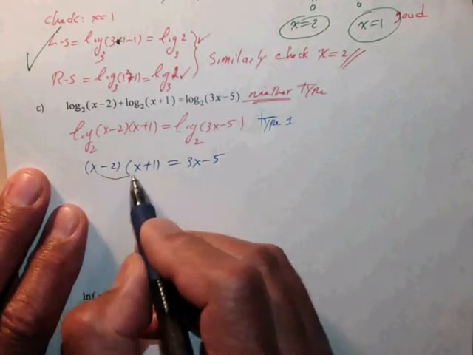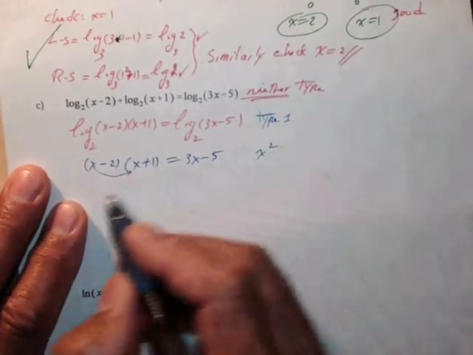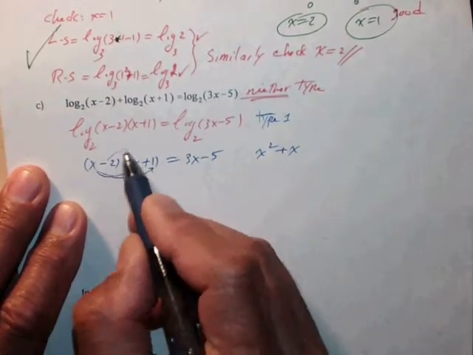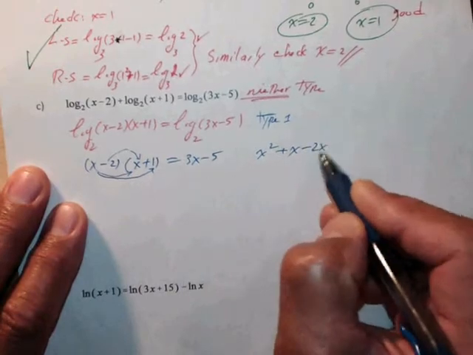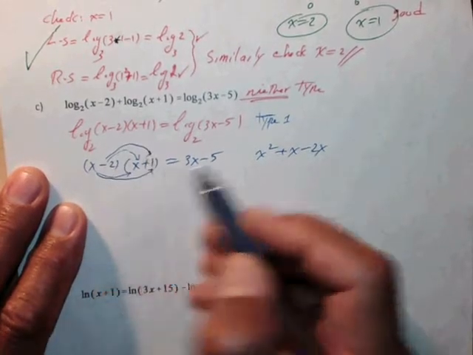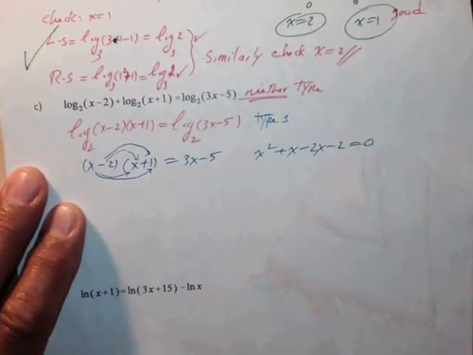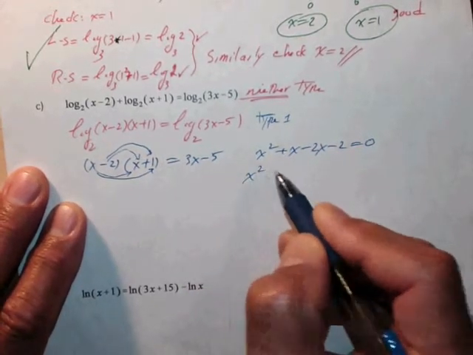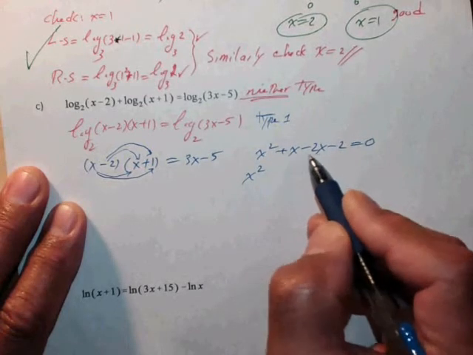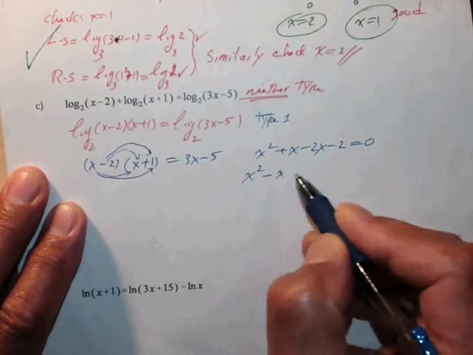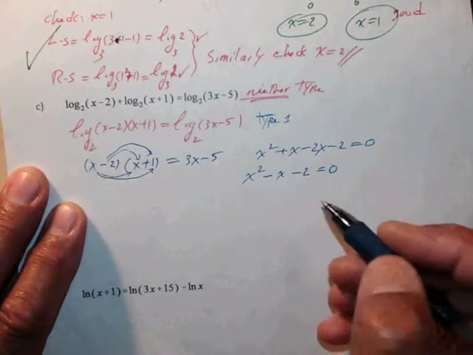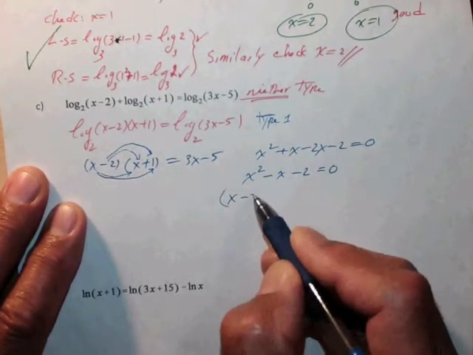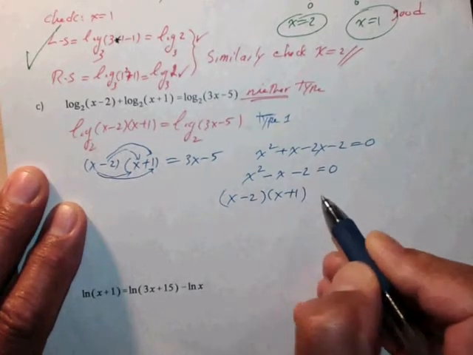You see, x times x is x squared, x times 1 is x, minus 2 times x is minus 2x, minus 2 times 1 is minus 2 equal to 0. I multiplied it. Now simplify, you get x squared, x minus 2x, you get minus x, then minus 2 equal to 0. You can actually factor this as x minus 2 times x plus 1.